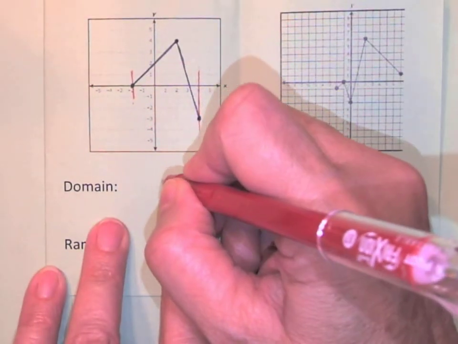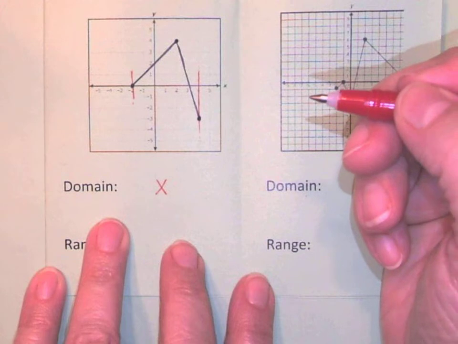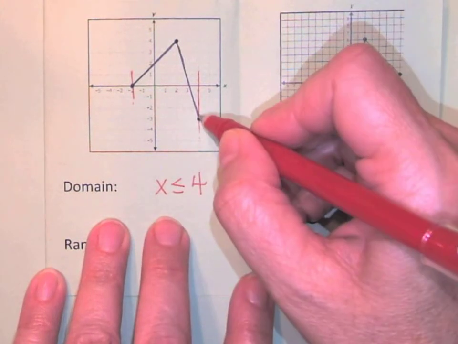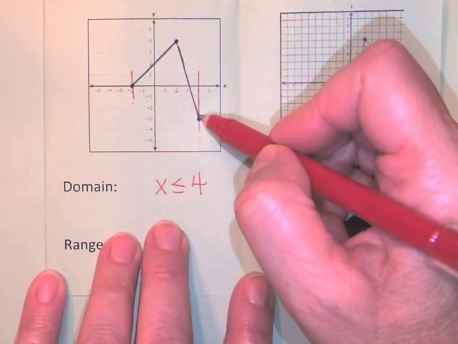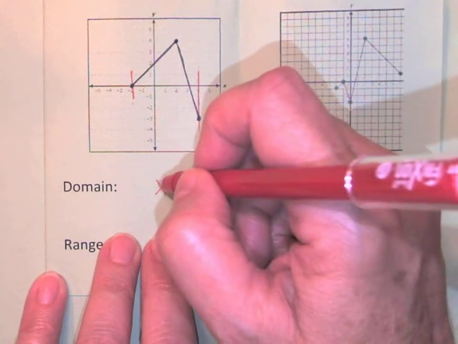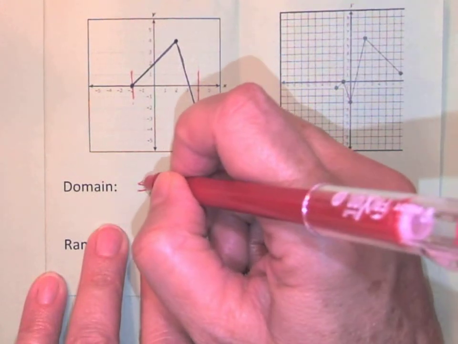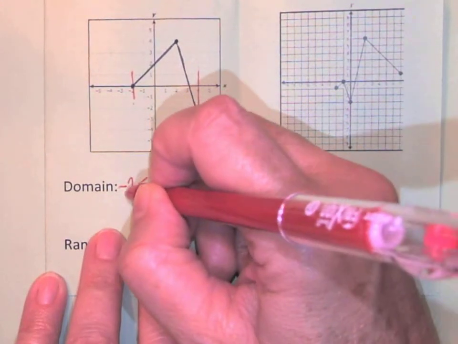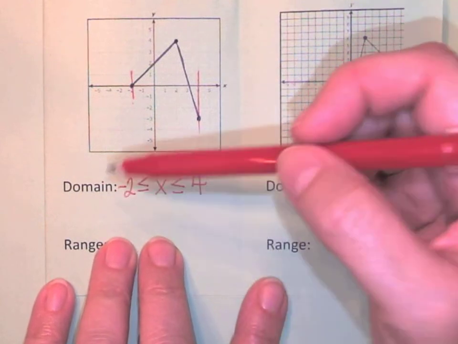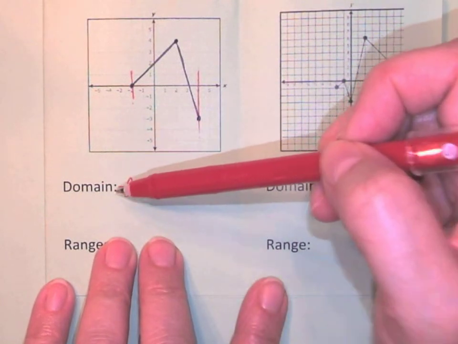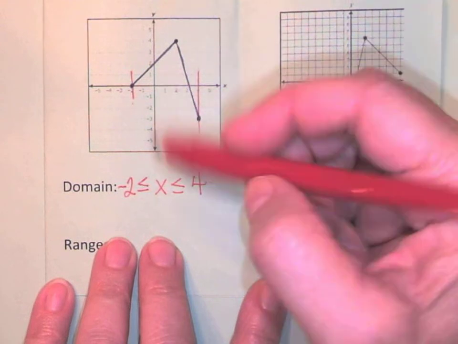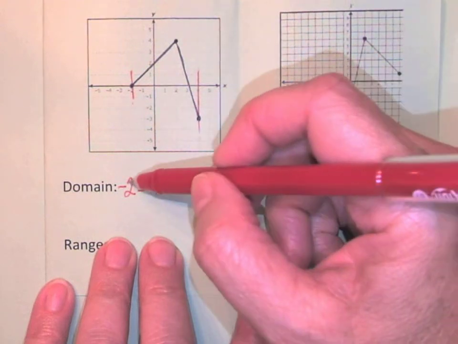Domain is all the x values. It can be less than or equal to 4 because 4 is our top boundary and it's colored in, so it includes 4. That's why we get the equal to. But all the x's are also greater than or equal to negative 2. We're still going least to greatest, smallest to biggest x value, but showing that all the x's in between are included.